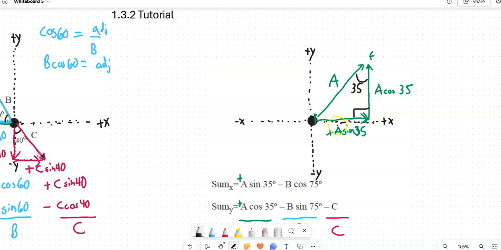There's another way of doing this, and I have to admit, a student showed me how to do it, and I thought it was great, so I'm going to steal it. Now, what you could do is do this an alternate way, and this is negative b cosine 75 degrees in the x direction, negative b sine of 75 degrees.